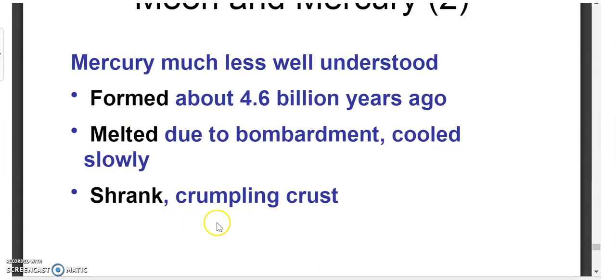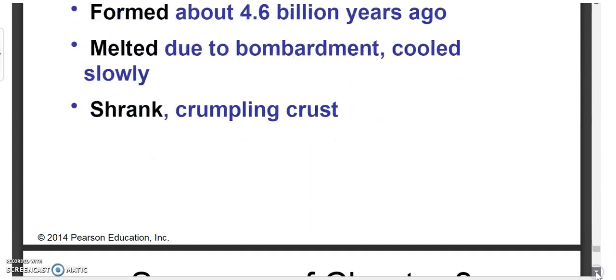The material that was Mercury kind of shrunk inward on itself, and it caused the crust to leave evidence of that, and that's what those scarps are.